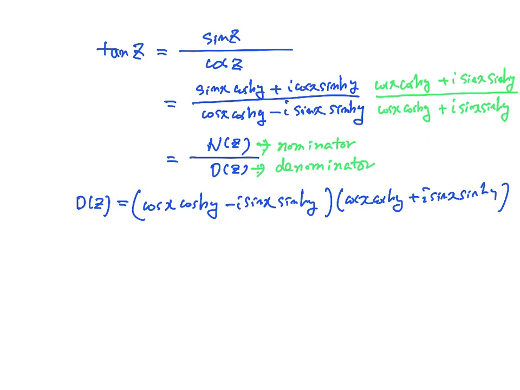So all you need is patience. So this is actually a complex conjugate, so you know the result, right? Cosine square x, cosine hyperbolic square y, plus sine square x, sine hyperbolic square y.